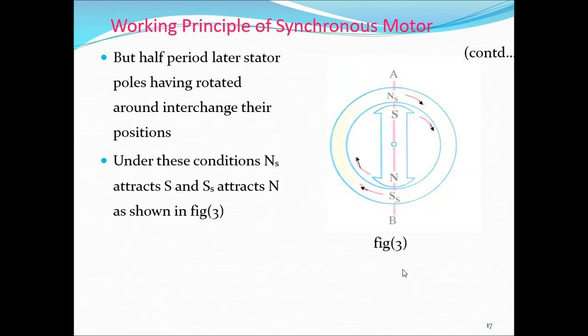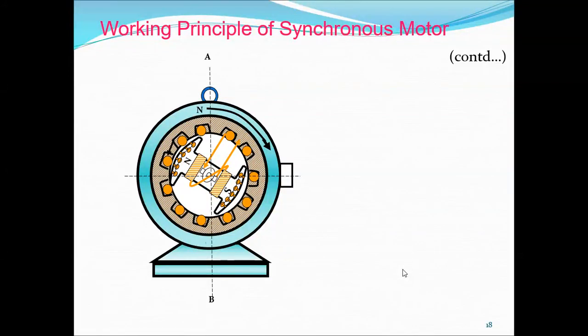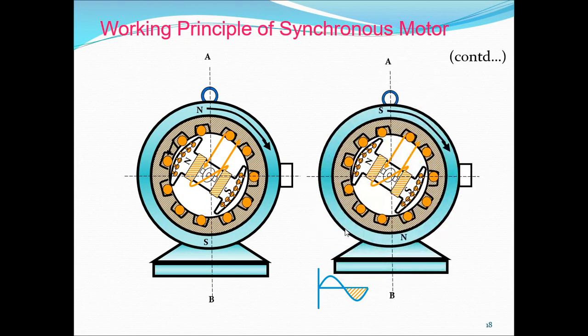So at every half cycle the poles are changing. Because of that, the motor is not self-starting. See here, it is showing how the north pole and south pole are changing. They repel each other. When the north pole reaches the bottom of the rotor, the stator poles also rotate and reach here.